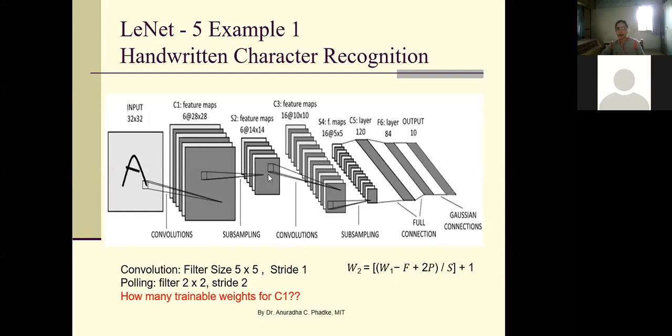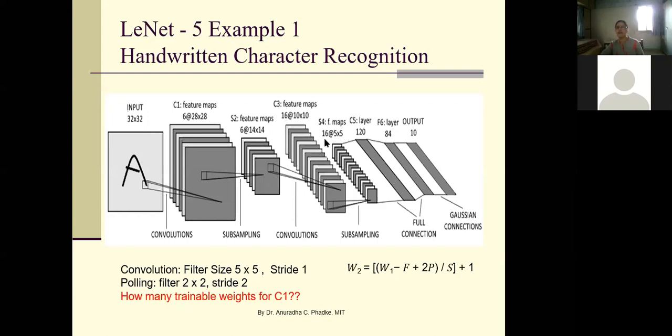Again, filter size used is 5 by 5, stride is 1. So you will get the resultant output size as indicated here, 16 by 10 by 10. And then after this convolution layer C3, there is one more pooling layer, and again it uses pooling of filter size 2 by 2 and stride of 2.